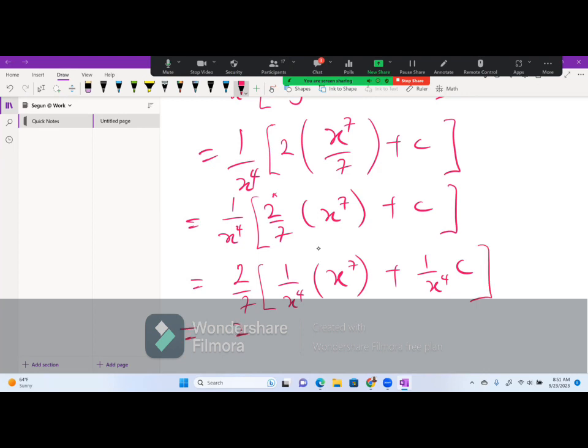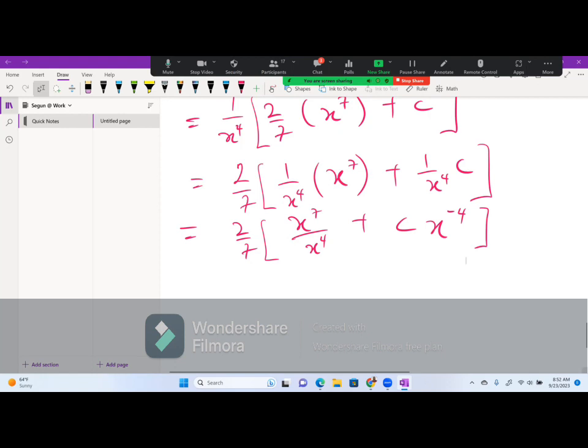So what do I have? 2 over 7 times x raised to the power 7 over x raised to the power 4, plus c x raised to the power minus 4. Everything there is still constant.